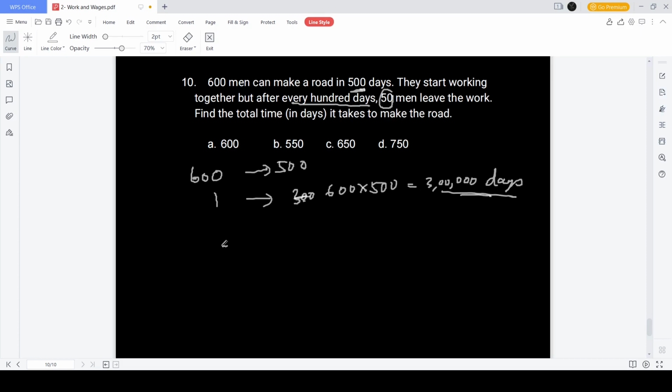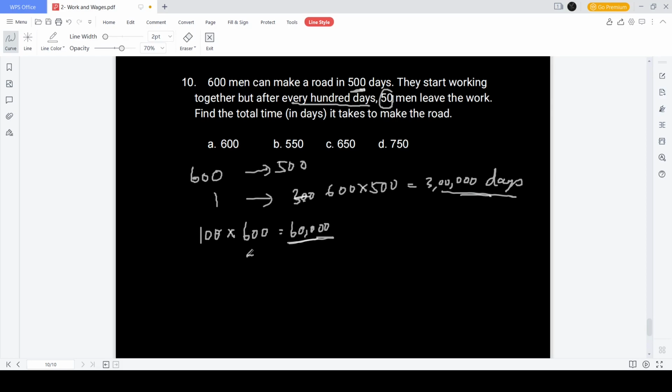Okay, now we need to find out in every 100 days there are 50 men leaving the work. So for the first 100 days, how much work is done?